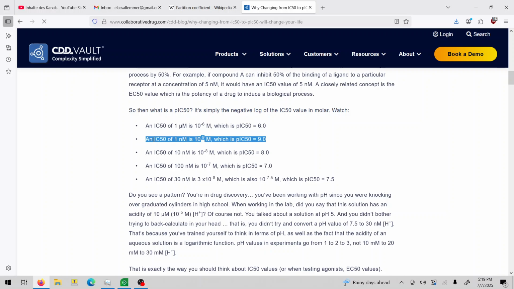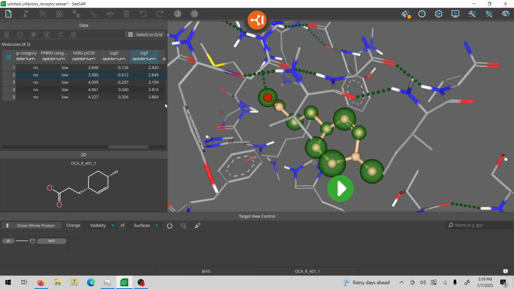So higher value means it goes up. Wait a second. A higher value means a better affinity to it. So a higher hERG value means more affinity to it, but this is not a good thing.